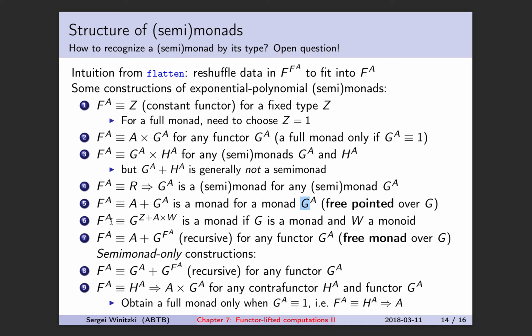The next construction is this one. Now, it's a G, which is an arbitrary monad, applied to this type expression, which is kind of a linear function of a type A with coefficients Z and W, where Z is a fixed, arbitrary type, and W is a monoid.